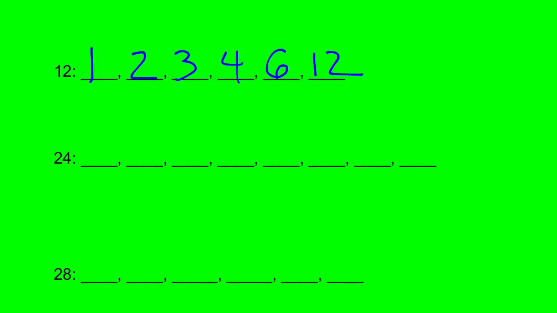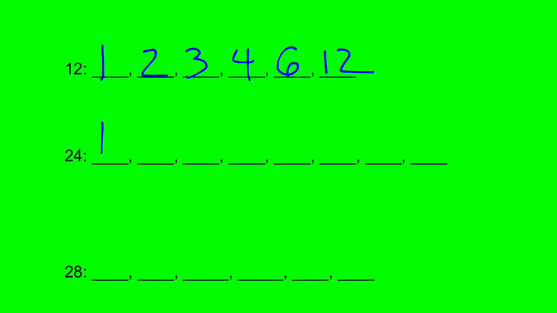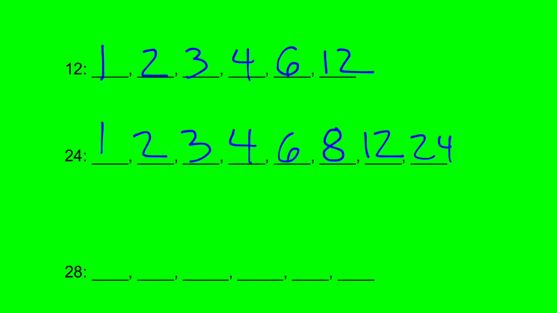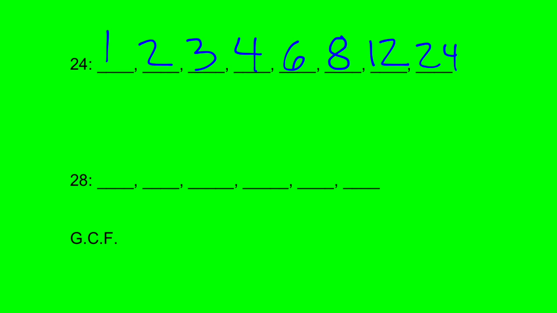The factors of 24, 1 times 24, 2 times 12, 3 times 8, 4 times 6. And the factors of 28, 1 times 28, 2 times 14, 4 times 7.